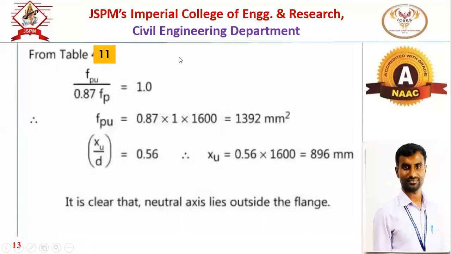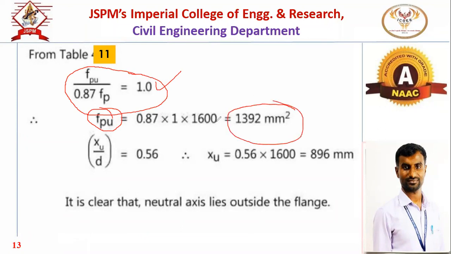Then from table number 11 we know the range of that stress, and from this we will get fpu. After rearranging this term, we get 1392 mm square.